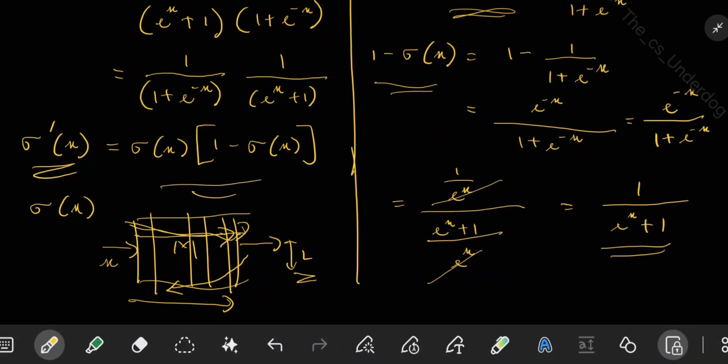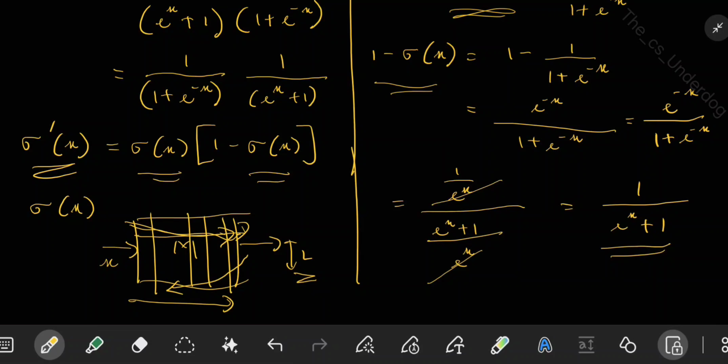Now, during backward propagation, what can you do? You can just take that value and do that value into 1 minus that value. You don't have to separately find out the derivative and calculate. Instead, you can simply make use of whatever you already calculated during your forward propagation. So this is a very big advantage of using sigmoid function.